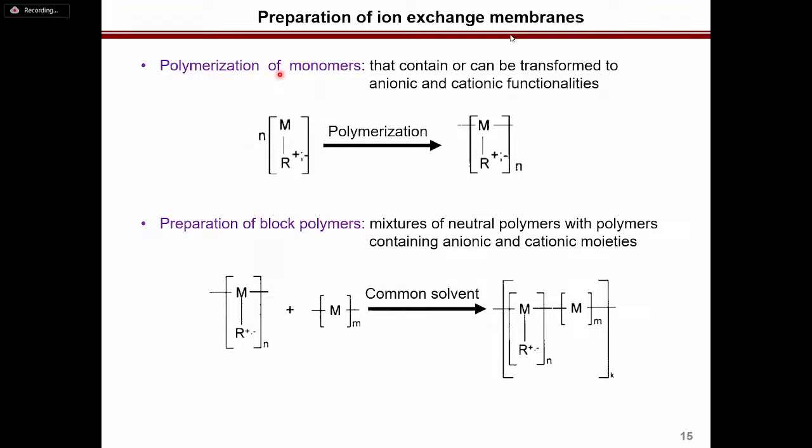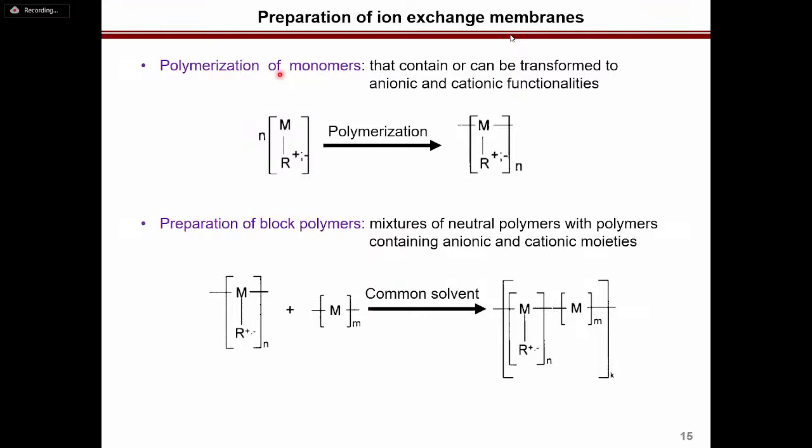So the first one is polymerization of a base material containing both the neutral backbone and also the functional groups, which can be cationic or anionic functional groups, as I have discussed before.